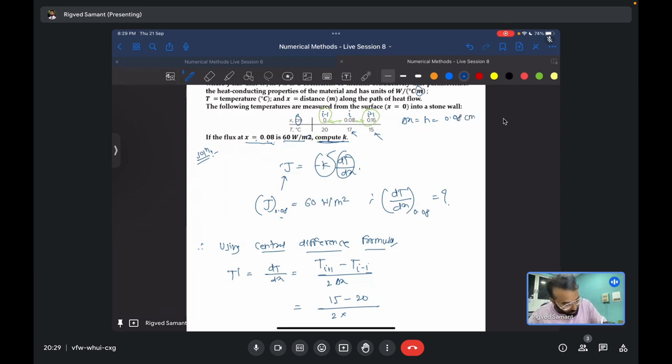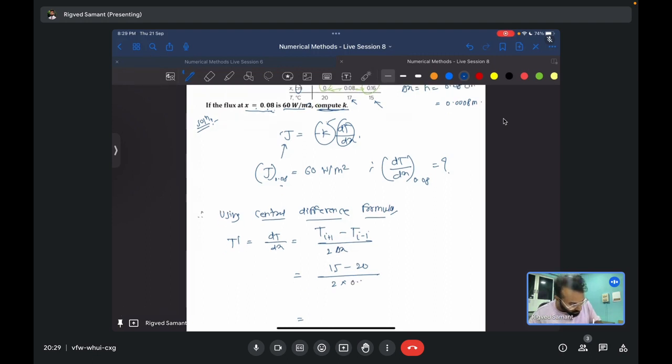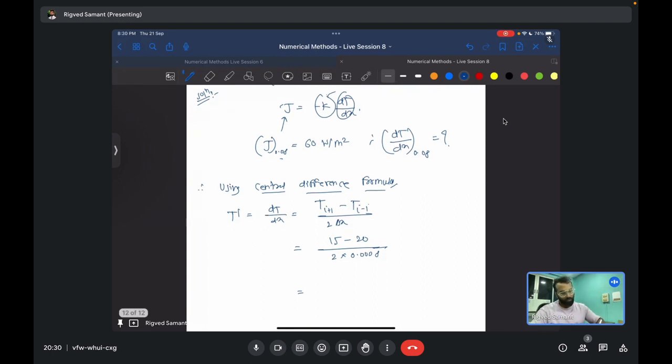If you convert it into meter, this is 0.0008 meters, right? So 0.0008. Understood? So 15 minus 20 divided by 0.0016.